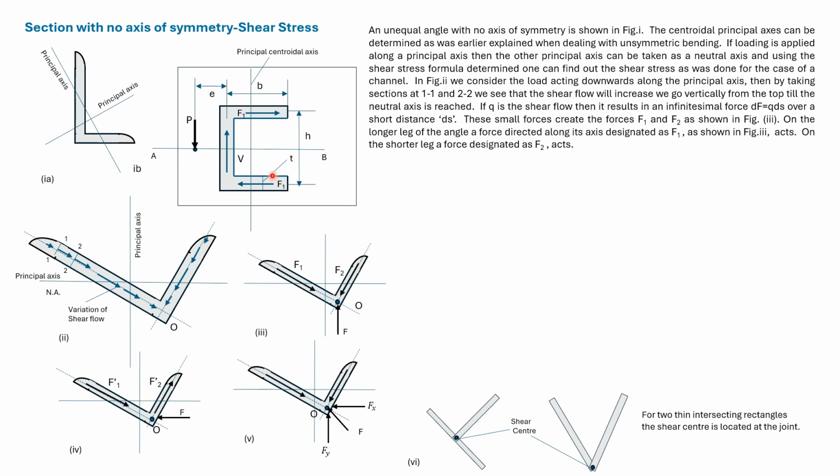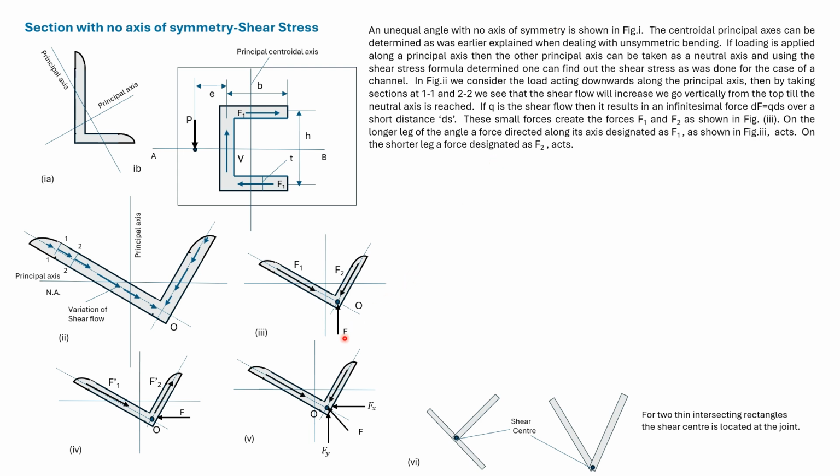We can see here that we found a point about which these forces have zero moment. Consider a point here where the two forces intersect. Then the two forces will have no moment about this point. Then, this point is the shear center.